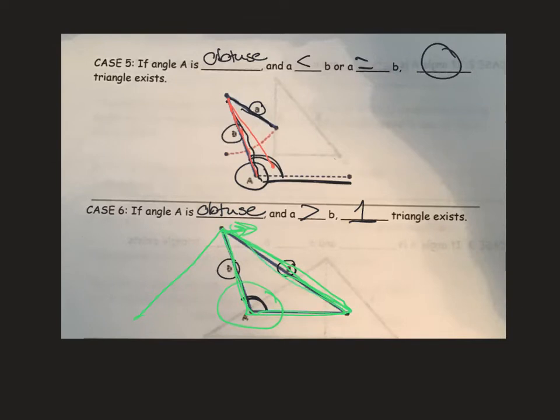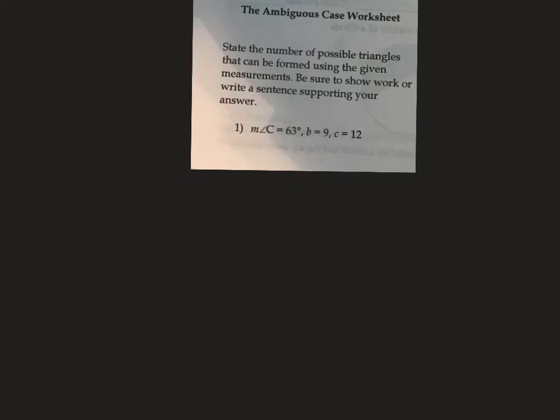Okay, so let's walk through a couple of these problems so that you can see how this works. So we're going to skip to page 69, and we're going to do the left-hand column where you're just determining how many triangles can be created. On page 69 on the left-hand column, we're going to just state how many triangles can possibly be made.